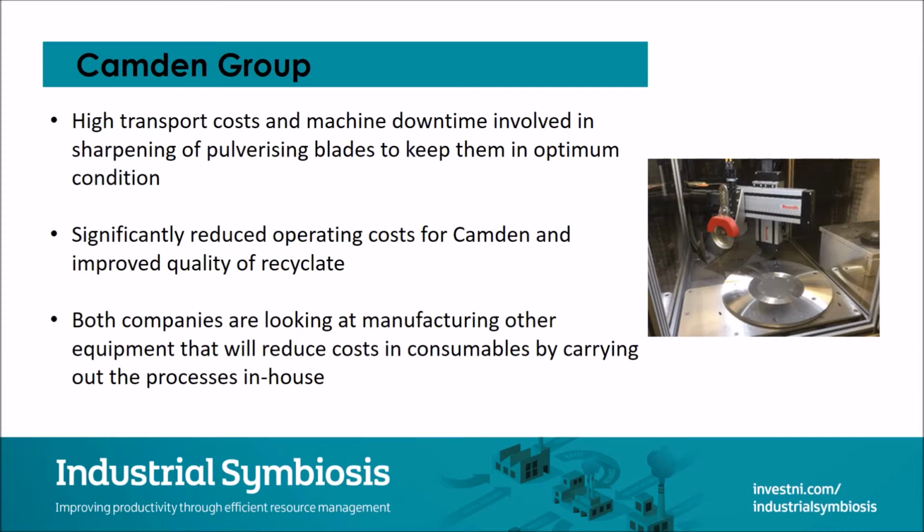The sharpening process was a substantial cost for the company, but essential to keep them in optimum condition. They were having to purchase additional blades so that when one set was away to be sharpened, they could carry on with the recycling process. However, this was proving very costly, with transport costs as well as machine downtime a result.